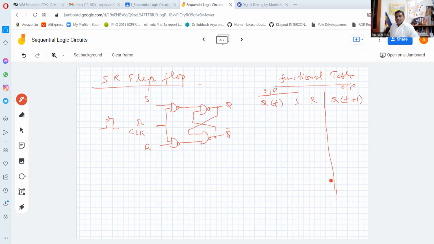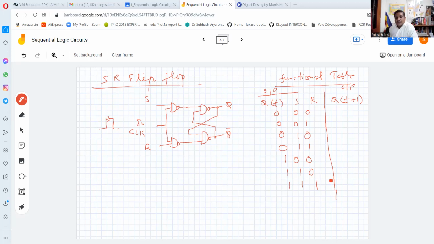So now this is 3-bit input. We just simply write all combinations: 0, 0, 0, 0, 0, 1, 0, 1, 0, 0, 1, 1, 1, 0, 0, 1, 0, 1, 1, 1, 0, 1, 1, 1. So these are the inputs.